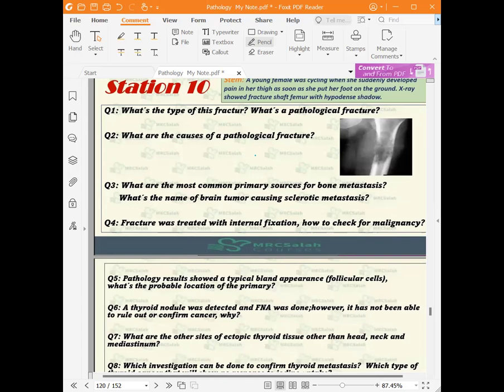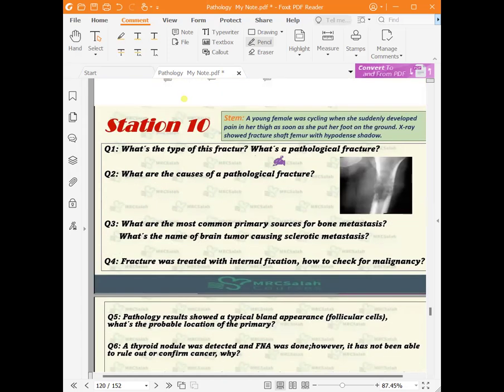A young female was cycling when she suddenly developed pain in her thigh as soon as she put her foot on the ground. X-ray showed fracture shaft femur with hypodense shadow. What is the type of this fracture? You should say it is a pathological fracture. What is pathological fracture?